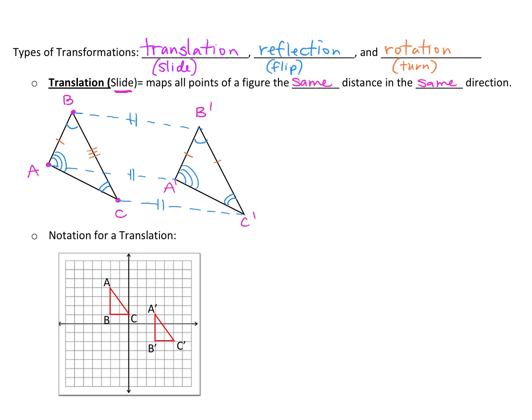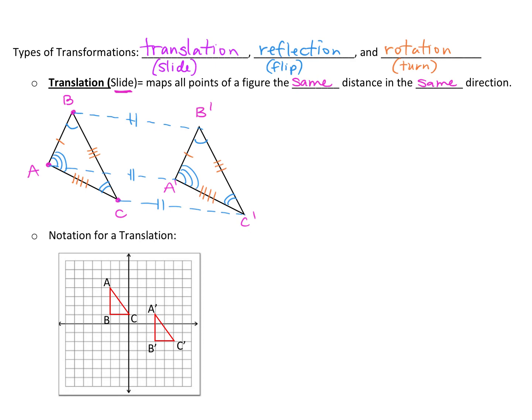BC is congruent to B prime C prime. And AC is congruent to A prime C prime. I don't know why I put 2 on the first one. You can put any number you want as long as they're consistent. So the triangles are congruent. Everything about them is the same. It just slid to a new location, but the distance every point slid is the same distance. Okay, that's a translation.